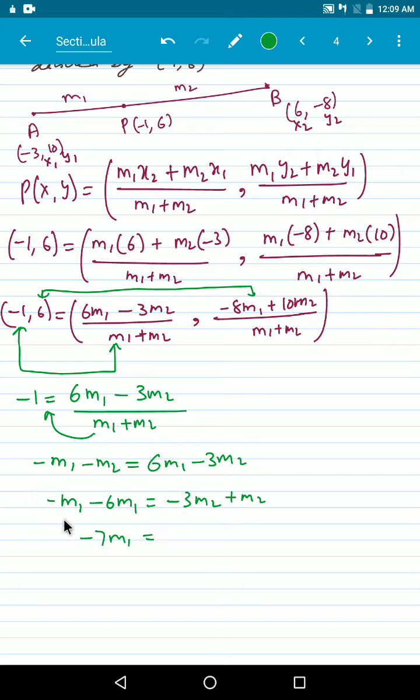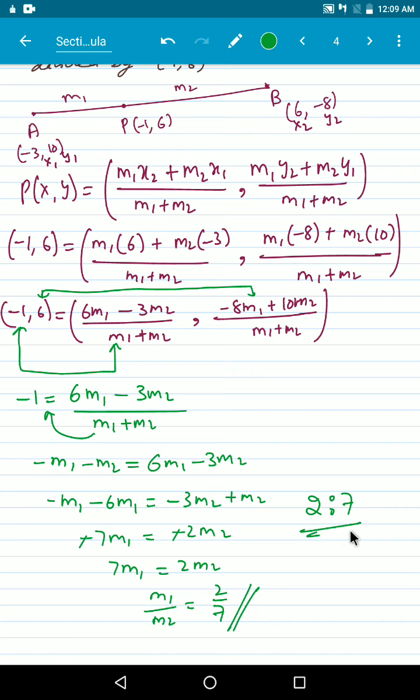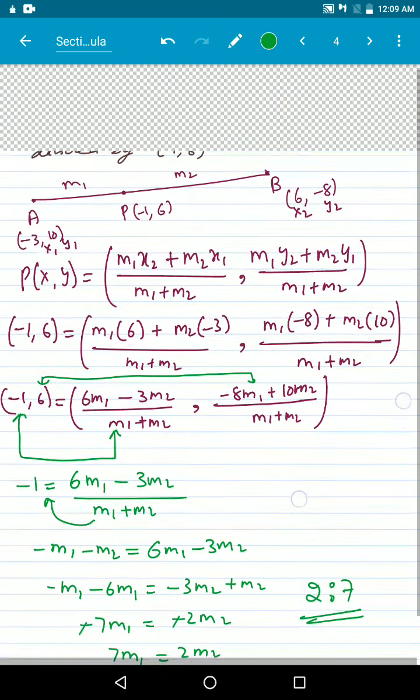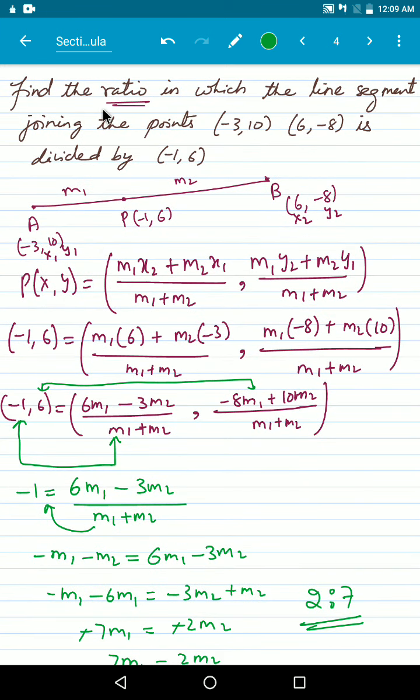This is minus 7m1 equals minus 2m2, so minus minus will get cancelled, 7m1 equals 2m2, right? So we need m1 by m2, so you send this m2 to the other side, it will become m1 by m2, and 7 on the other side, 2 by 7. So 2 is to 7 is the ratio. That's what we got using the first method also, right? So the ratio in which this point minus 1 comma 6 is dividing AB is 2 is to 7.